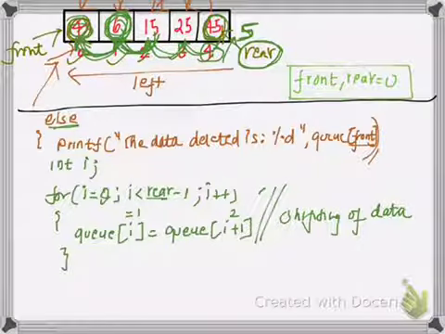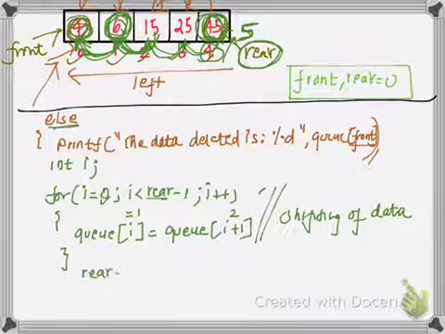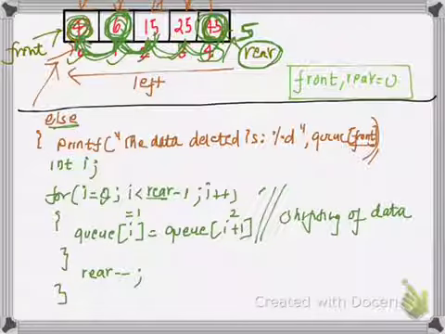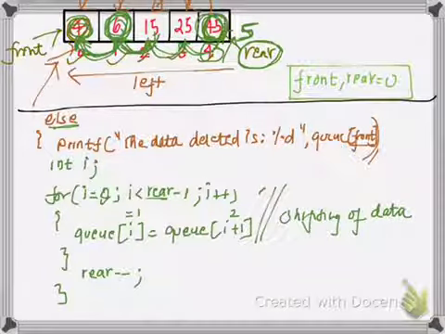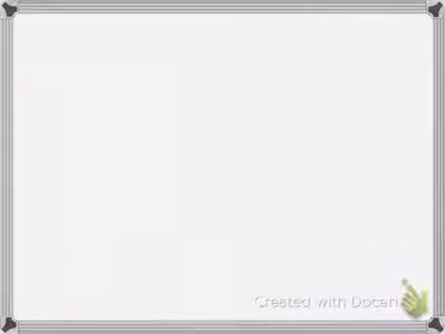Before that, after shifting all the elements, for this last element, as our rear was pointing to memory location 5, we have to decrement rear by 1, so that the size of Q will be reduced at last, and this completes the presentation for deletion of an item in our queue. I hope you got the concept of how to delete an item in a queue, and thanks for watching.